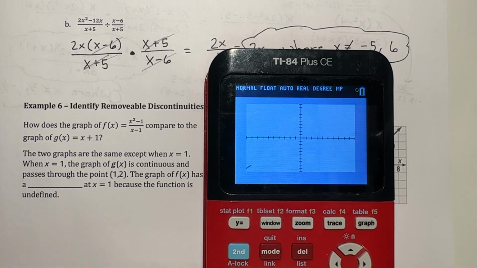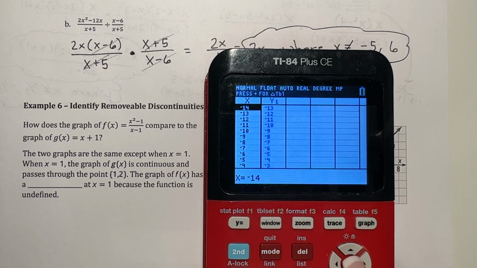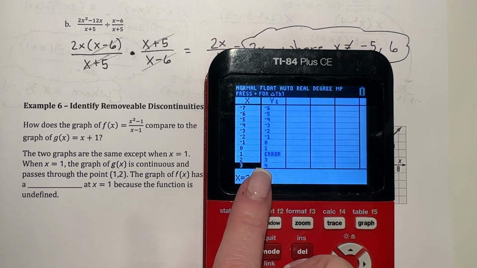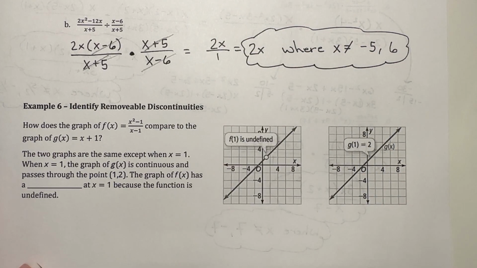All right, let's go take a look at the graph. What's going on here? I don't have that vertical asymptote that I expected. So I go in and look at my table. Remember I expected that vertical asymptote at 1, there's an error message there. So what's going on with my graph? Why don't I see it?